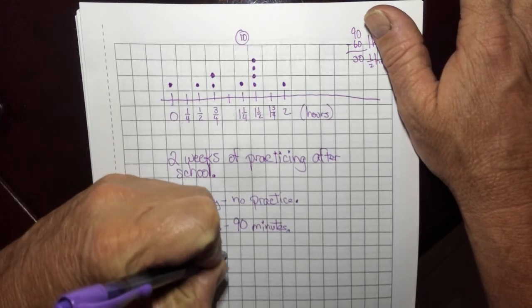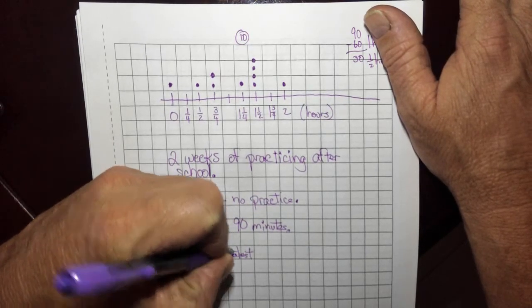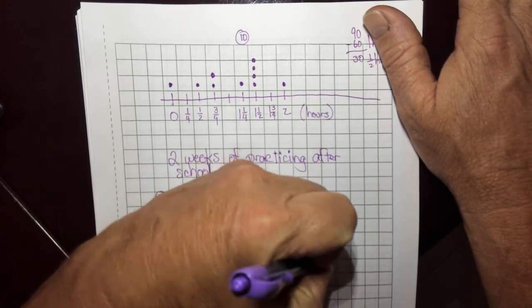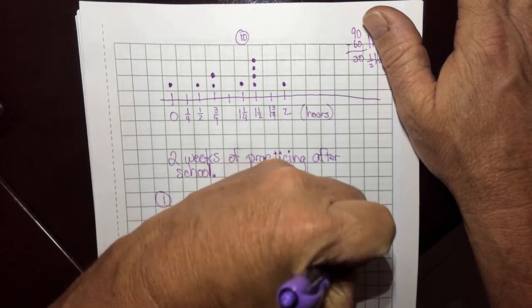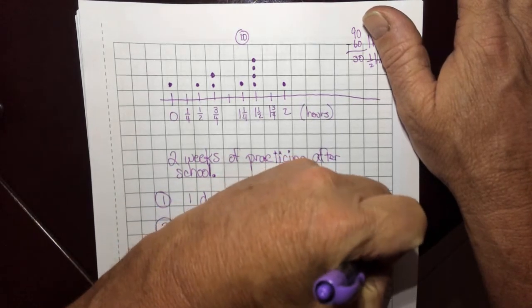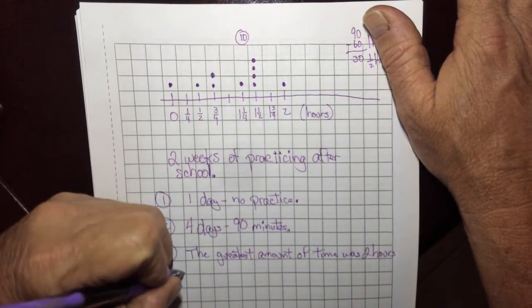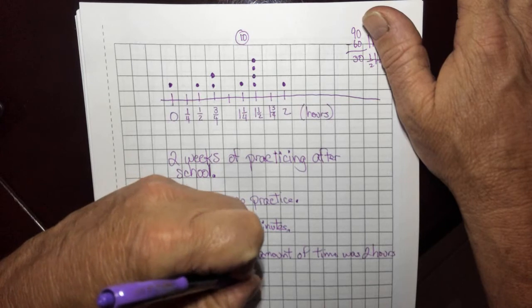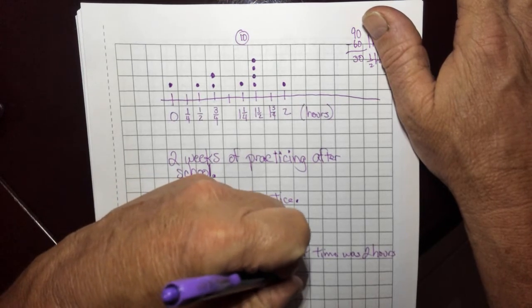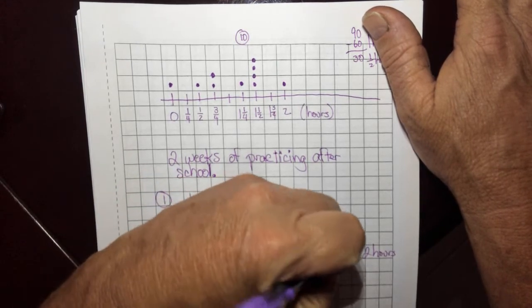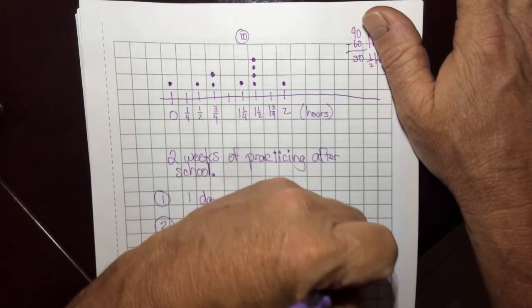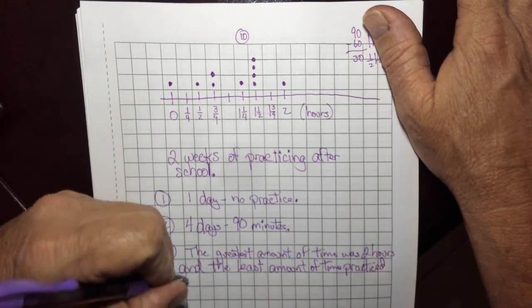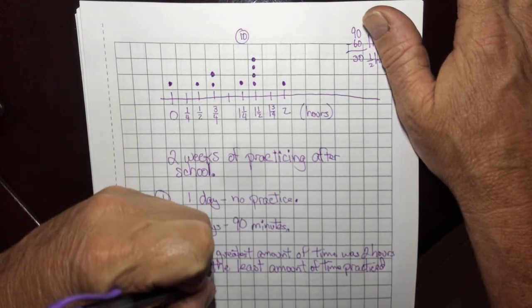The greatest amount of time was 2 hours, and the least amount of time practiced was 0.